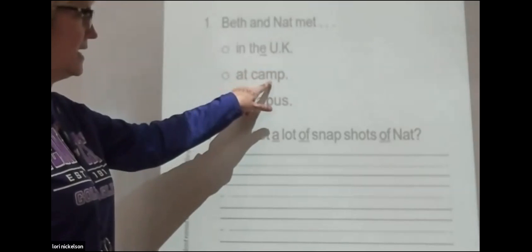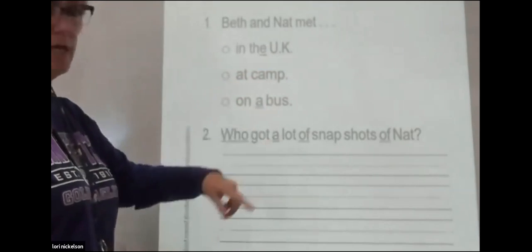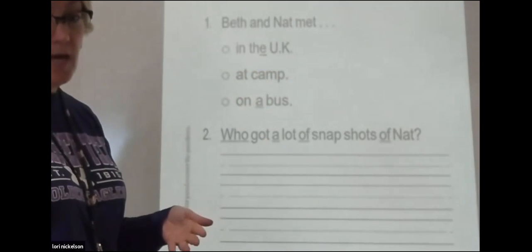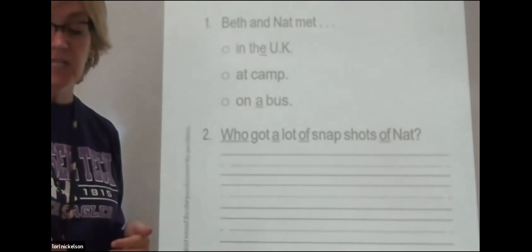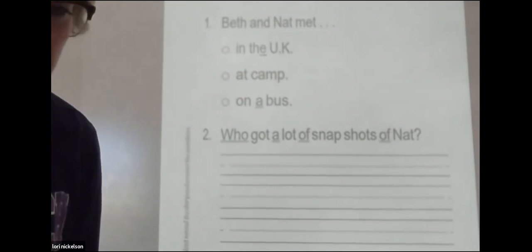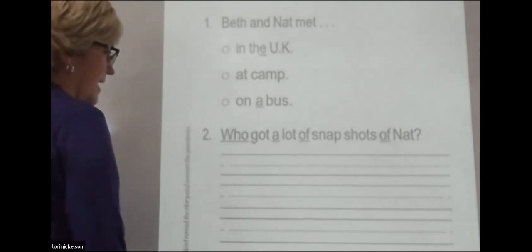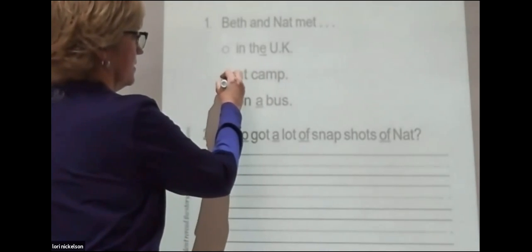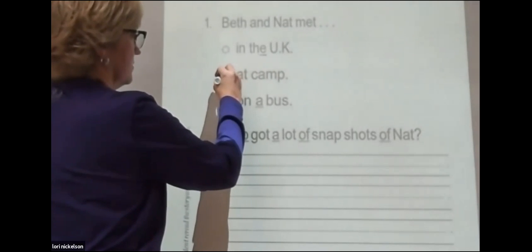Did they meet at or on a bus? Well, they were in the UK, but where specifically in the UK did they meet? They met at camp. So you're going to color in that dot there.